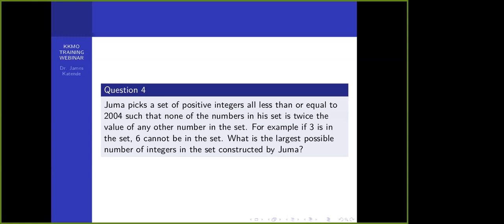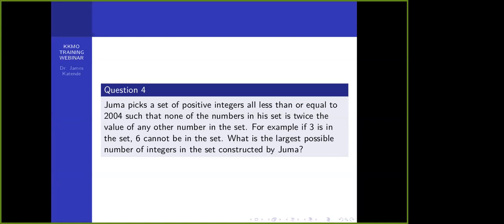For instance, I can have another set which consists of 2n, where n is an odd number. So if I have 1, 3, 5, 7, 9, and so on, I can have another set with 2, 6, 10, and so on, simply twice all these odd numbers. I realize it's an arithmetic progression with common difference 4 and first term 2.